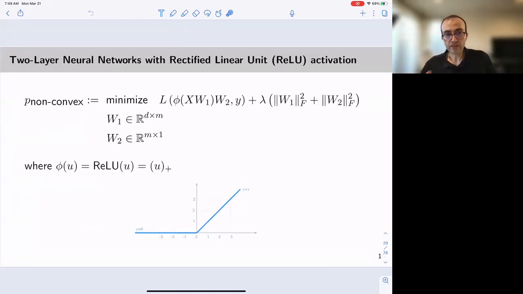So let's look at a neural network problem. Let me describe our first basic result on convexity of neural networks. Let's say we have a 2-layer neural network with rectified linear units. A rectified linear unit is this function, basically a ramp function.